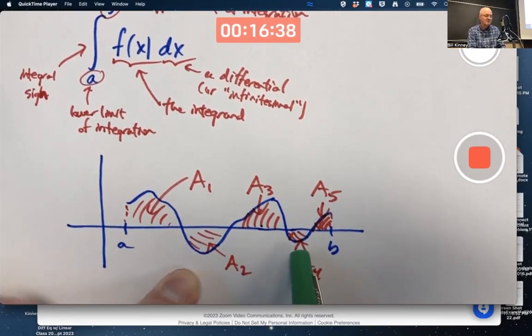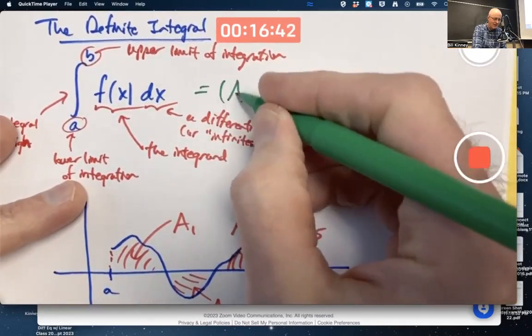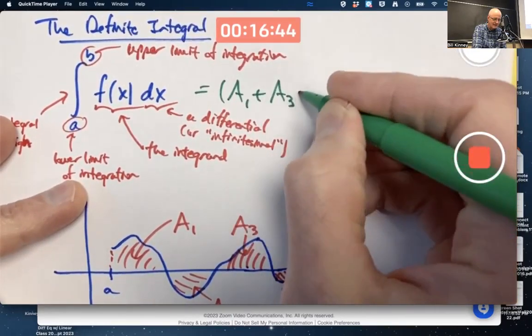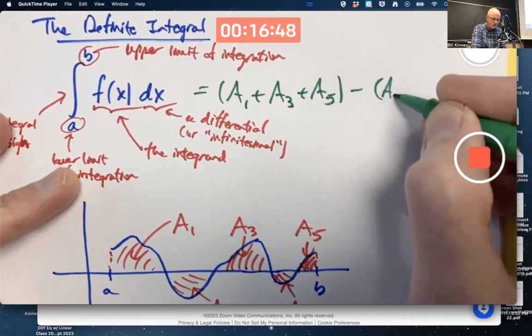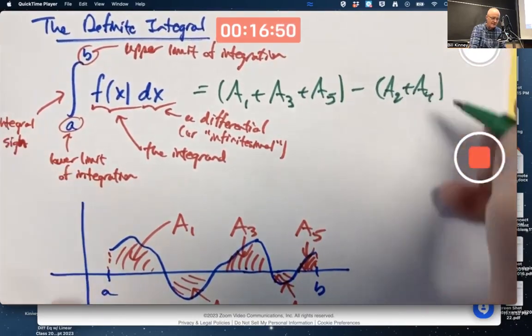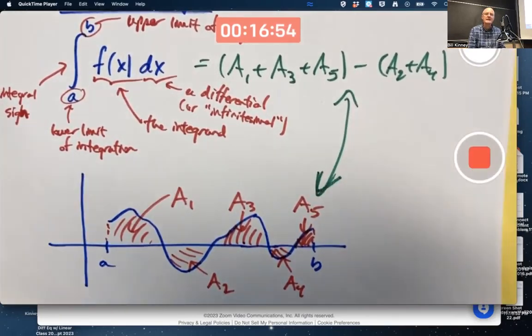That's kind of a mouthful. It's going to be A1 plus A3 plus A5 minus A2 plus A4 for this particular picture. Okay, if it was a different picture, then it would be a different formula.